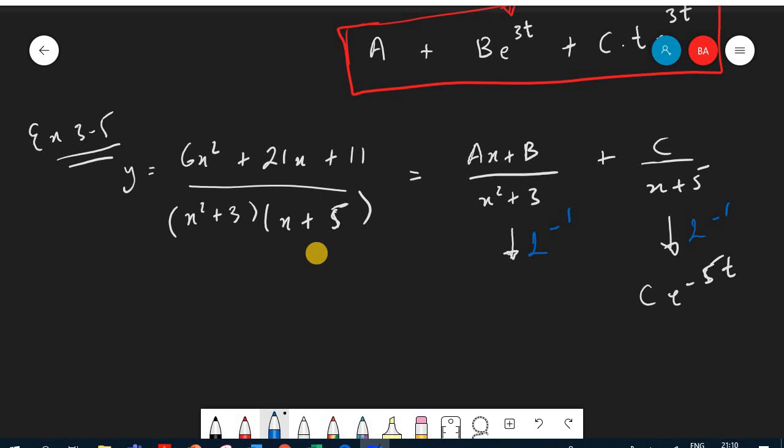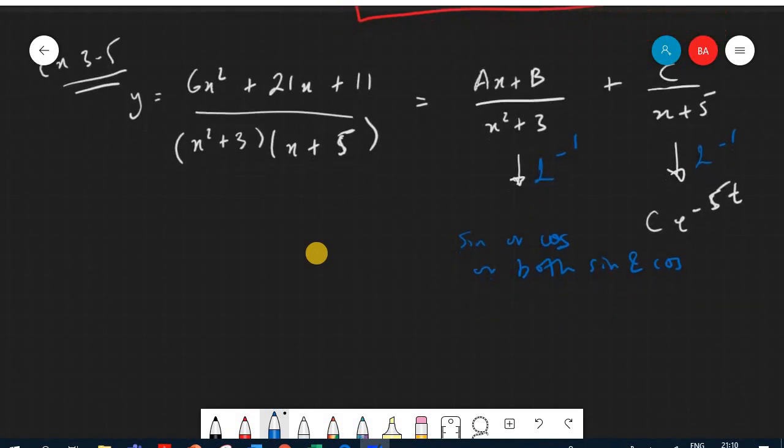If you have a denominator here that has complex roots, definitely the answer should be a sine or a cosine term, or both sine and cosine. It will have both of them.